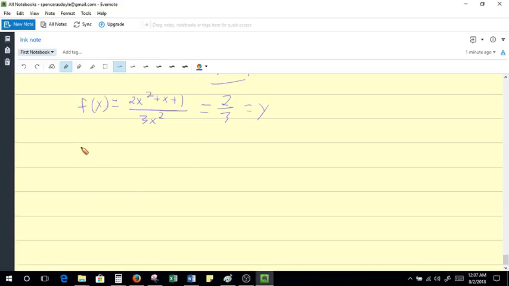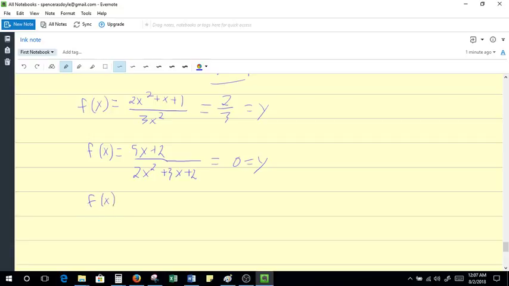Another scenario, we can make this one 5x plus 2 over 2x squared plus 3x plus 2. So in this case, we have the highest power in the denominator. When the highest power is in the denominator, our horizontal asymptote is y equals 0.